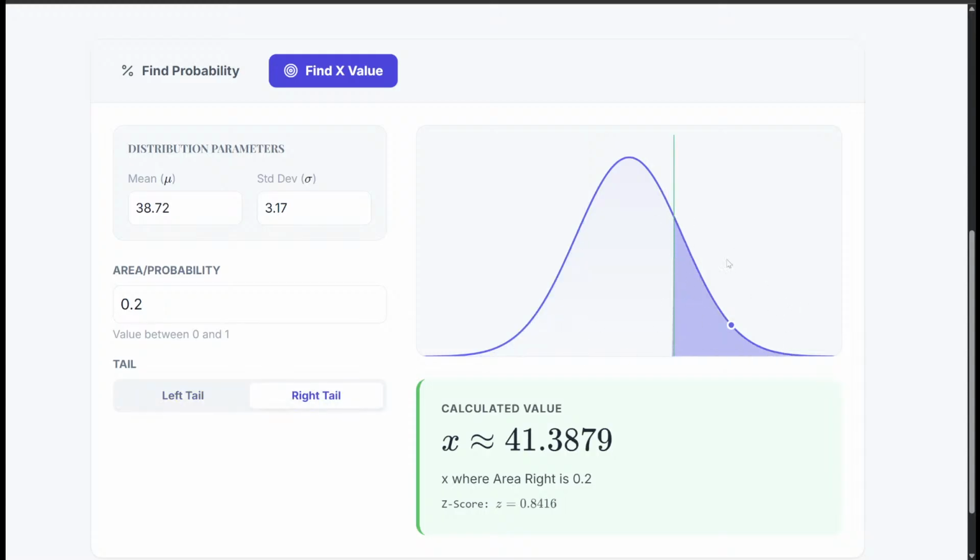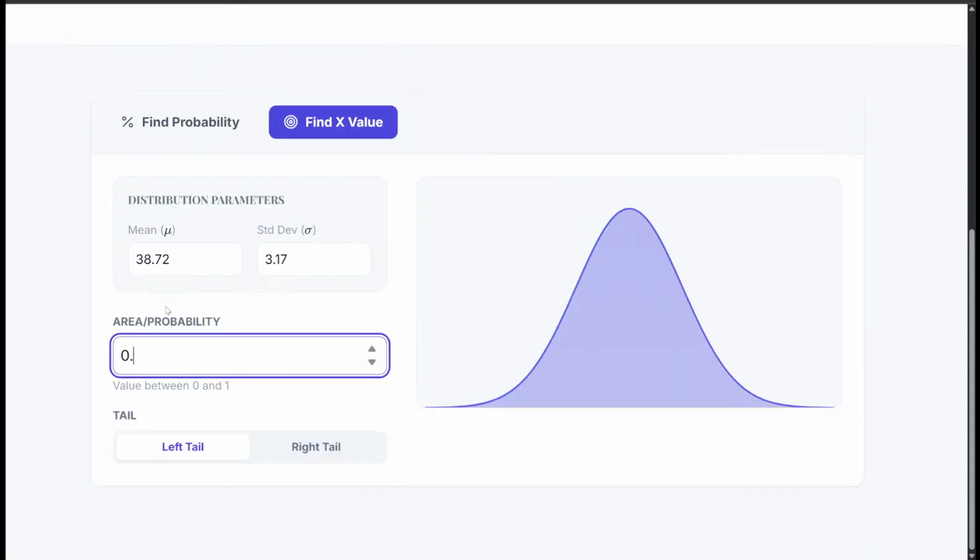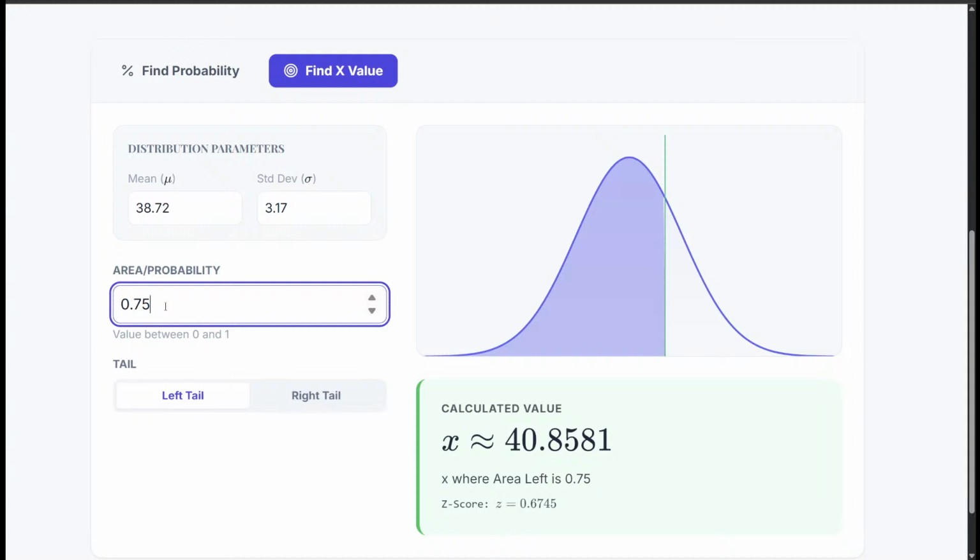This would be, there's 20% over here. That'd be the 80th percentile. So when they're asking percentile, it's always from the left over. So if I wanted the 75th percentile, that's from the left over to there. So anytime they're asking percentiles, it's always from the left over to that value.